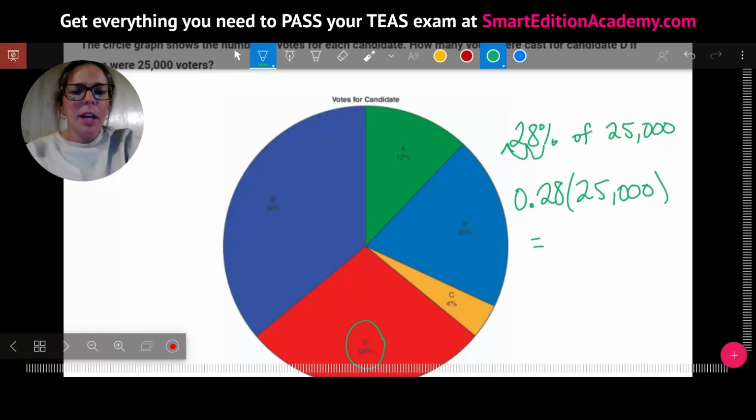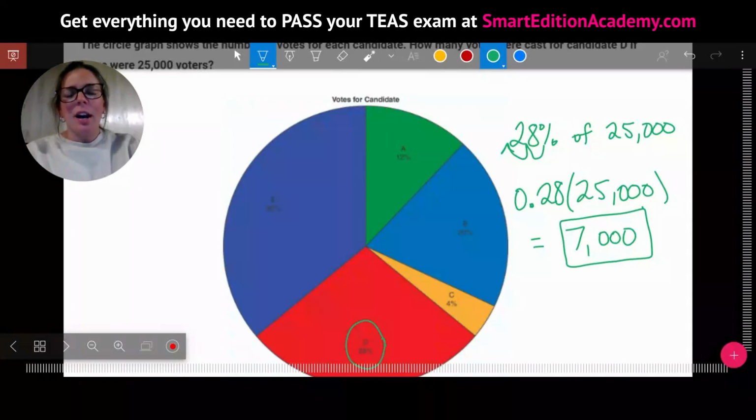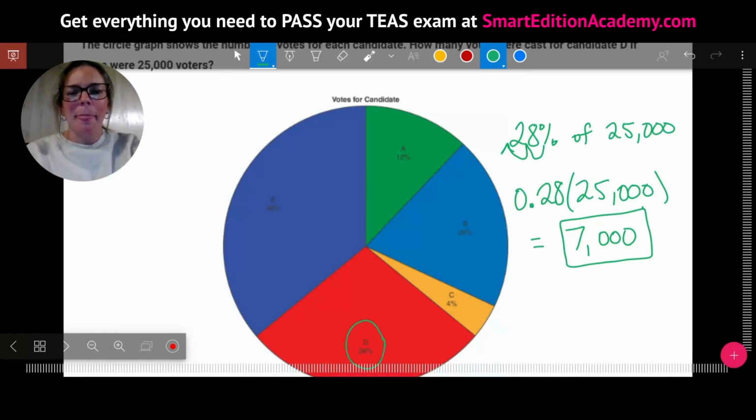And what I am getting is that 7,000 people voted for candidate D. We could have asked the same question for any of these. You could figure out how many people voted for any given candidate in this example.